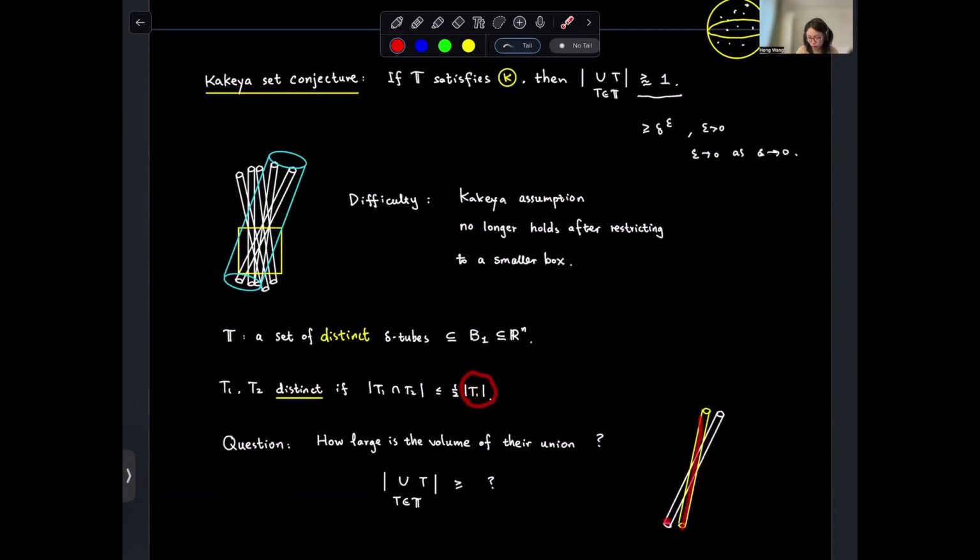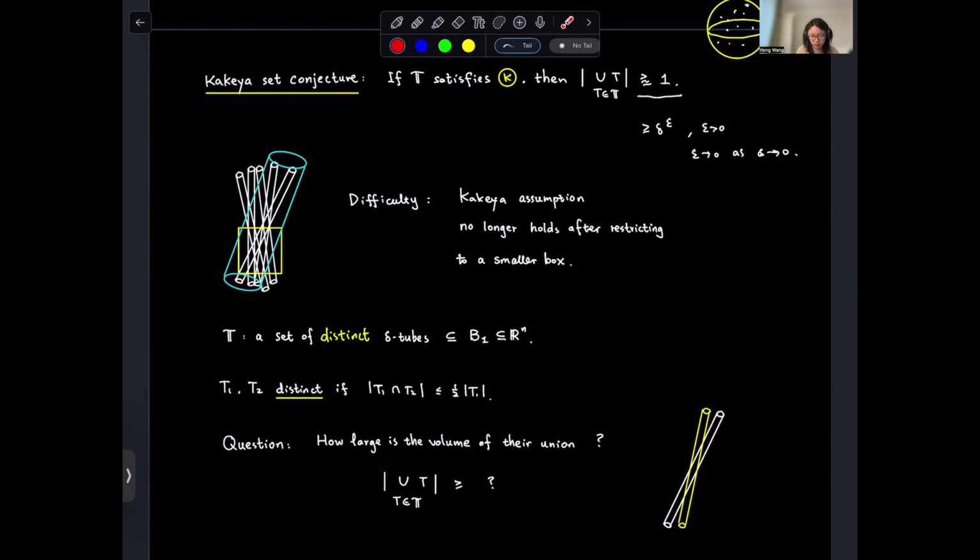For example, these two tubes, they are distinct. To require them to be distinct is a very natural assumption, because otherwise we can just keep repeating tubes in the same location. Then one cannot really get a good lower bound here.